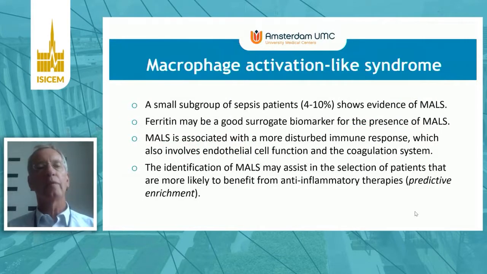So in summary, what I've told you: macrophage activation-like syndrome occurs in a small subgroup of sepsis patients, 4 to 10% approximately, and very high ferritin levels may be a very good surrogate marker for the presence of macrophage activation-like syndrome.